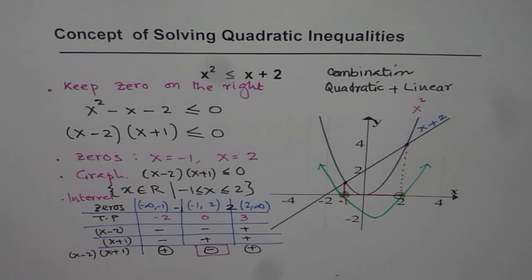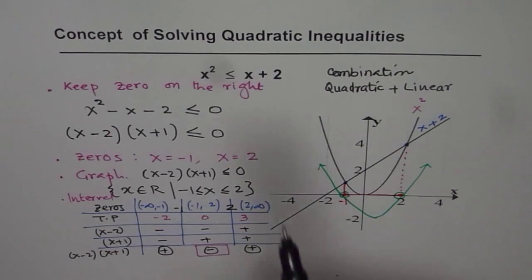So this video is a combination of all that we did. We have seen how to solve quadratic inequalities using different methods. First, we can look at it as a combination of a quadratic function and a linear function, so it becomes a kind of system of equations from which we can get the answer.